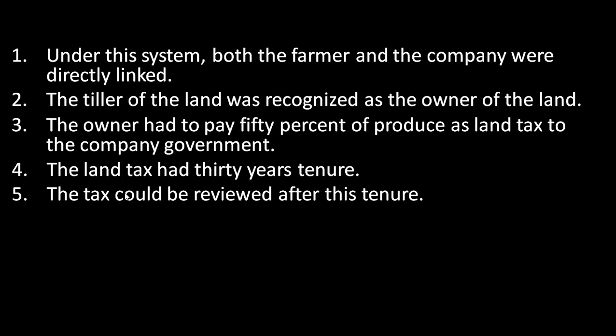The tiller of the land was recognized as the owner of the land. The owner had to pay 50% of the produce as land tax to the British East India Company.